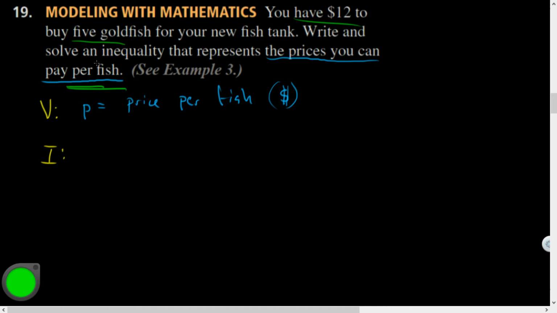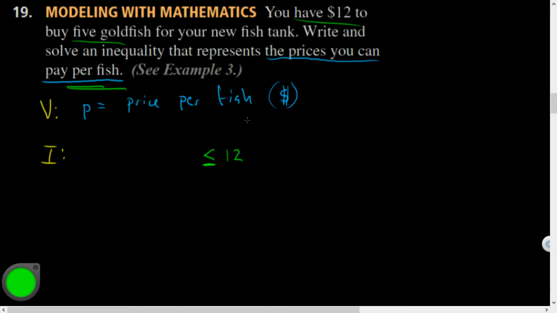When I hear per, I'm thinking about a rate, and I usually end up multiplying in that case. I have $12. The amount I spend, can it be bigger than $12? No, I need to spend less than or the same as $12, right? That's the way money works.